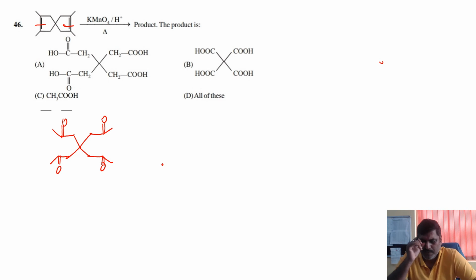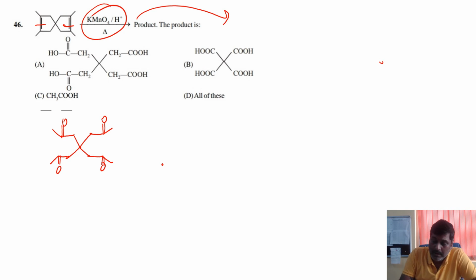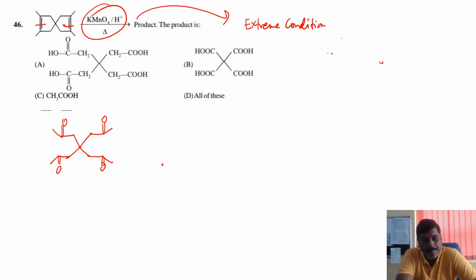But what is the purpose of this question, right? The purpose of this question looks a little different, because KMnO4, H plus, and heat also is given. So this implies the extreme condition.